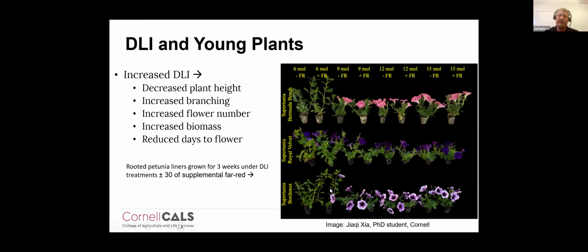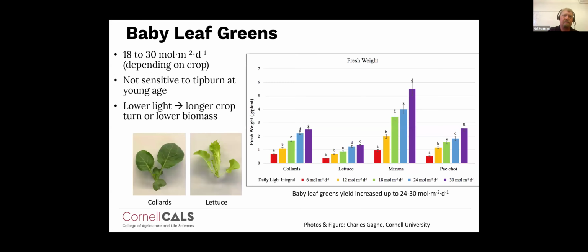We did see a little bit of evidence toward earlier flowering initiation with that additional far red, but in a greenhouse environment, for this particular crop, we didn't see much positive effect of far red. And after about 9 moles, that was our threshold: we think we should have at least 9 to 12 moles of light for producing good young plants in a greenhouse environment.